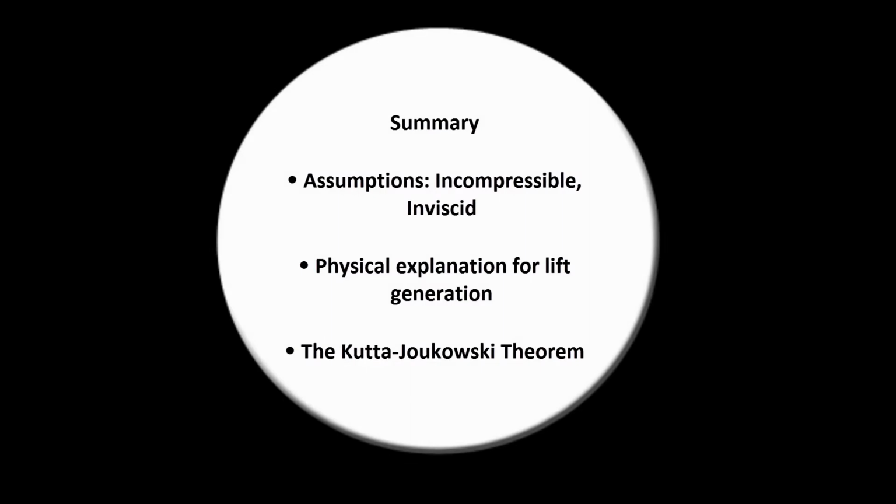I'd now like to summarize this part 1 lesson. We first assumed our flow could be treated as incompressible and inviscid. This allowed us to use Bernoulli's equation, the stream function, and also allowed us to add together elementary flows like the uniform flow, the vortex flow, and the source flow to create interesting flow patterns. We then learned through studying flow over a rotating cylinder that the cause of lift was the asymmetry of the velocity field around the cylinder.